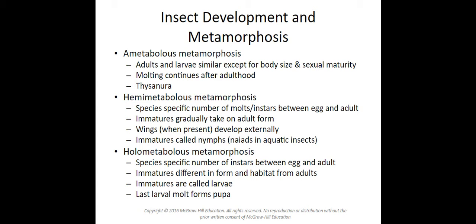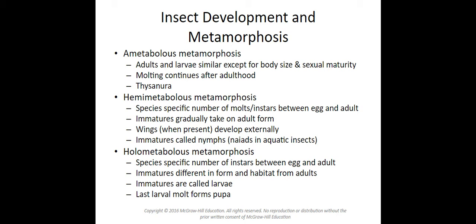What happens is when they're born, they look just like adults, but they just need to grow bigger, and then their reproductive organs need to develop. This is going to be very much like humans. A baby looks like an adult. One head, two arms, two legs. Everything is the same, but it just grows larger and then becomes sexually mature.